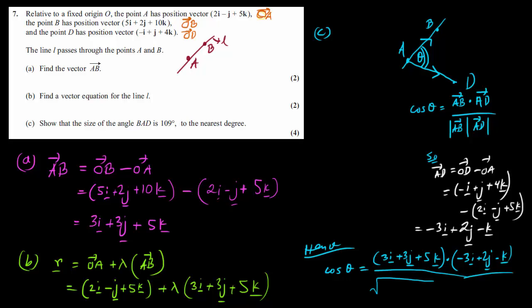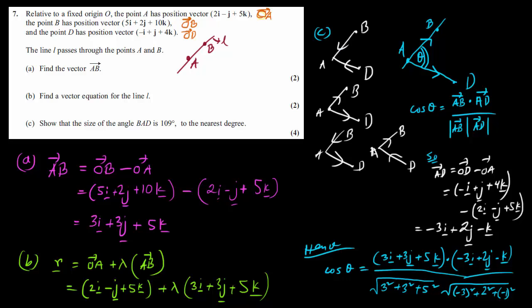Now we have to find the modulus of AB. So the modulus of AB is the square root of the coefficient of i squared plus the coefficient of j squared plus the coefficient of k squared. The modulus of AD is the coefficient of i squared, which is minus 3 squared, the coefficient of j squared is 2 squared, plus the coefficient of k squared is minus 1 squared.